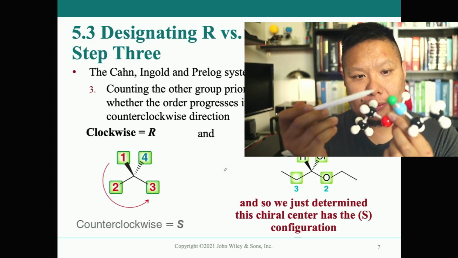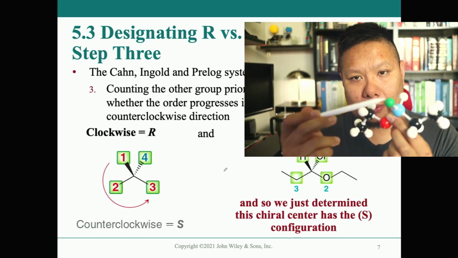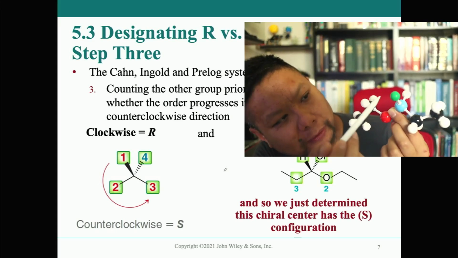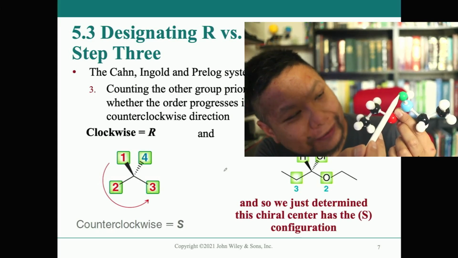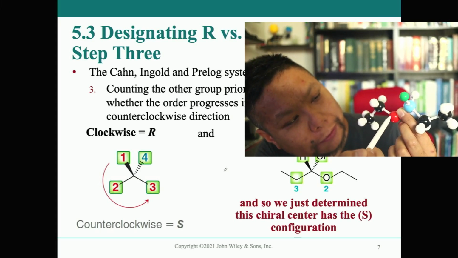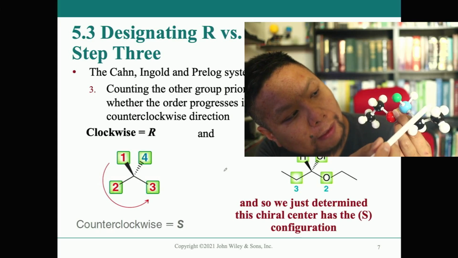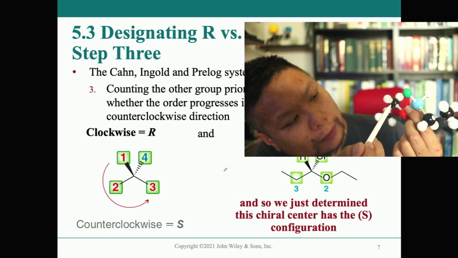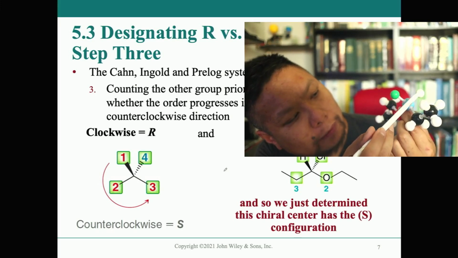Let's count this here. Here's 1, okay? I'm going to have to look at it like this so I can see what direction I'm going. Here's 1, 2, 3, 4.